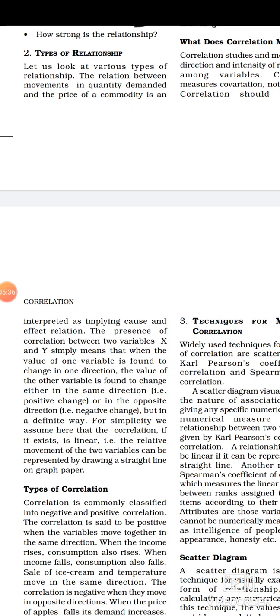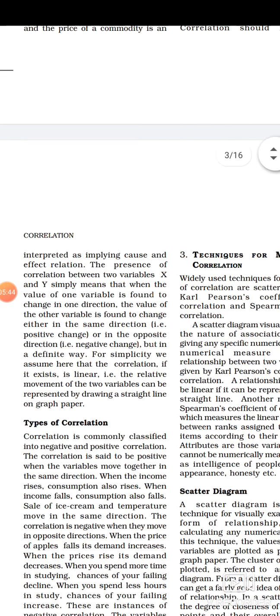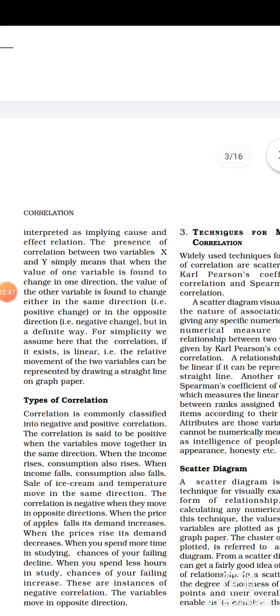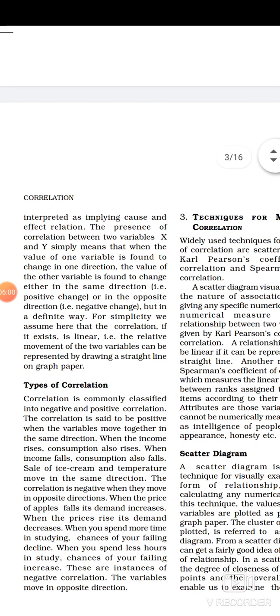For simplicity, we assume here that the correlation, if it exists, is linear. The relative movement of the two variables can be represented by drawing a straight line on a graph paper.